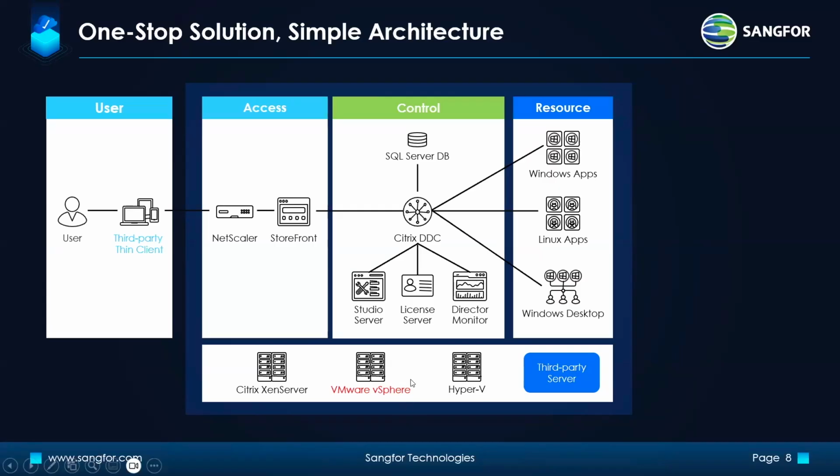If you are going for a Citrix solution, you need to deploy all these modules separately and integrate them: DDC, Citrix Studio Server, License Server, Director Monitor, SQL database, StoreFront, NetScaler. And the thing is that it is not done by one vendor. You have different hardware, Citrix servers, VMware hypervisor or Hyper-V for third-party servers and third-party hypervisor.